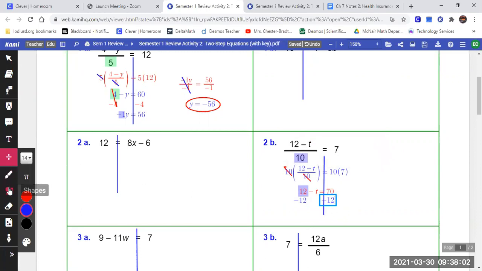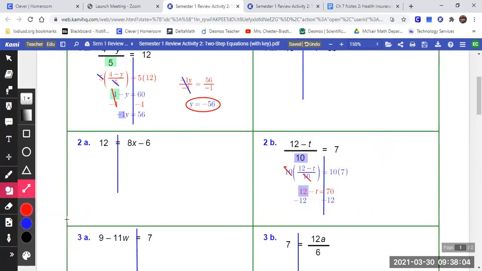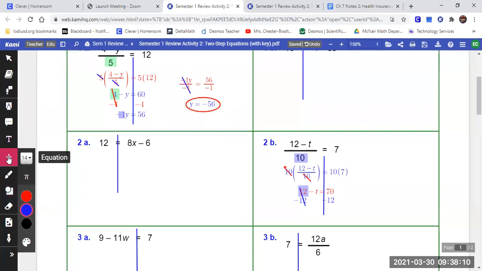Okay, so we big zeroed the 12 out of there. What's left on that side?